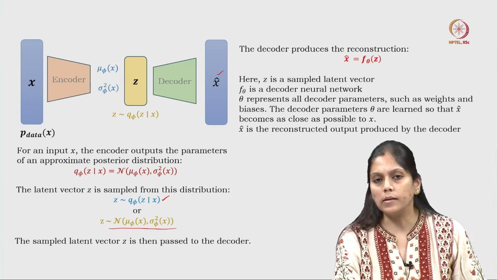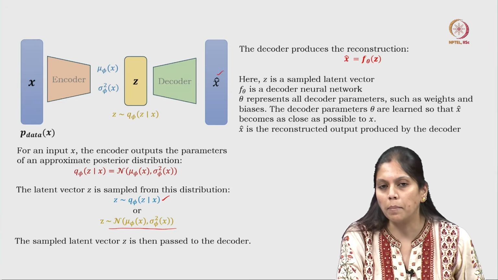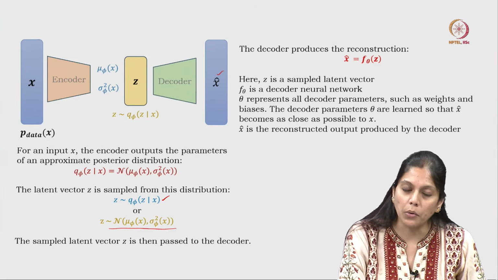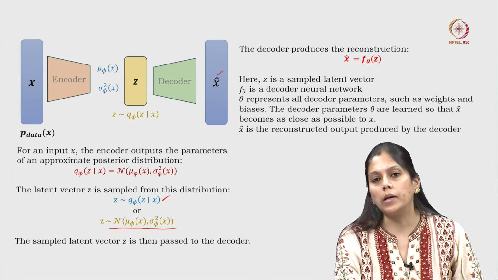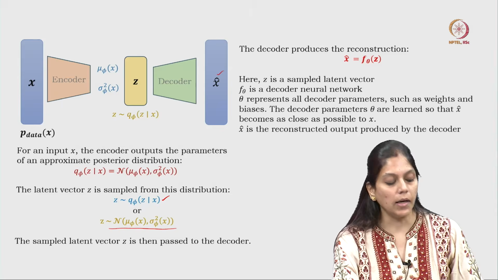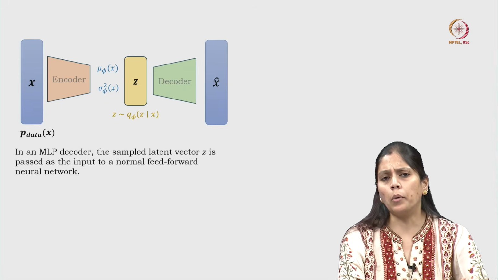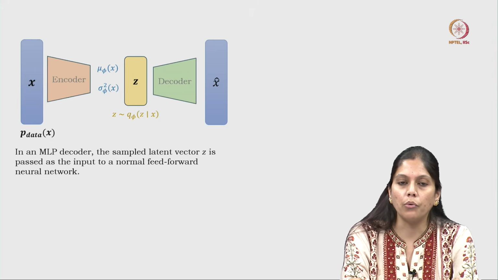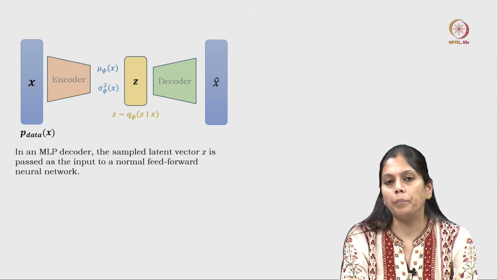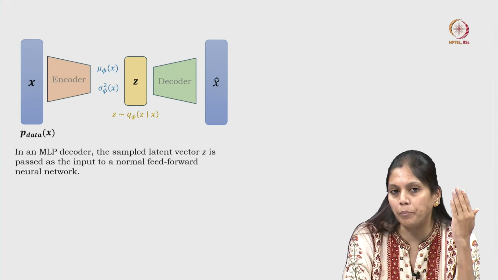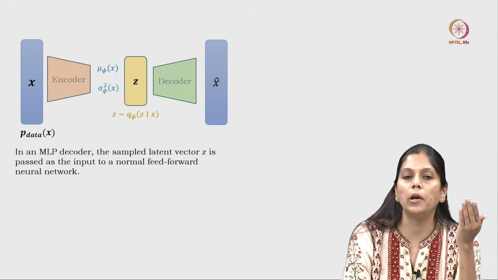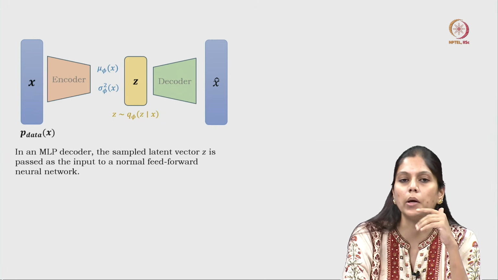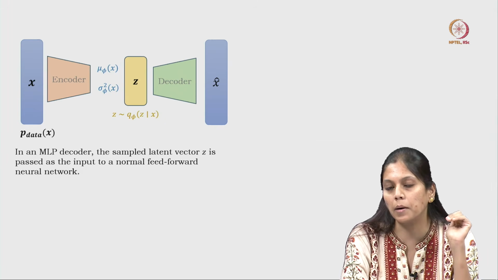So once this is done, what should be our next step? The whole idea here is to see whether we are able to compute the back propagation. So let us now see what exactly is going to happen. Now, when Z is passed as an input to a decoder, if the input is tabulated data, then we can imagine that the encoder and decoder can be a simple multi-layer perceptron.